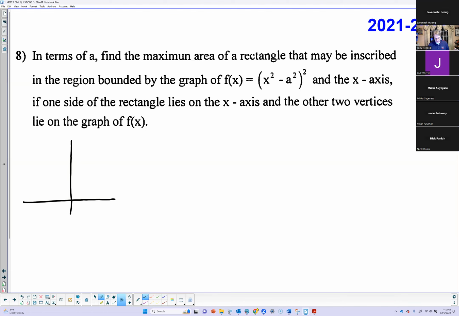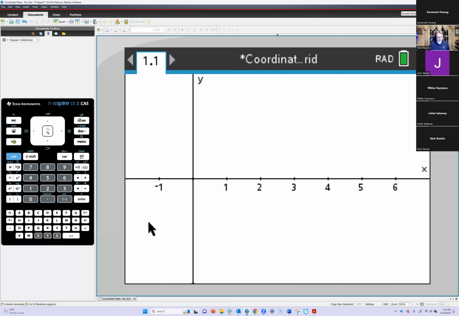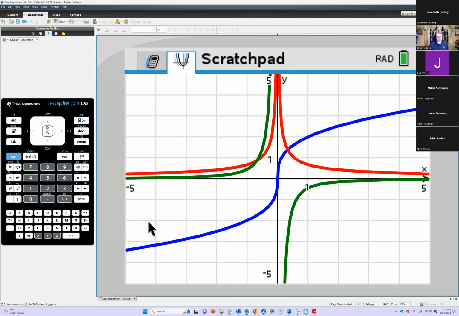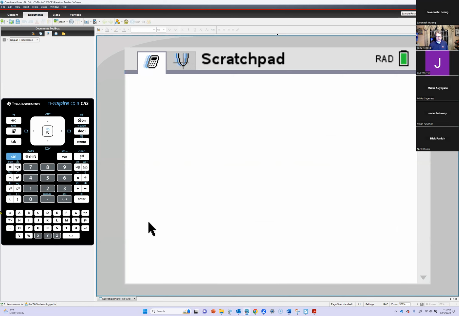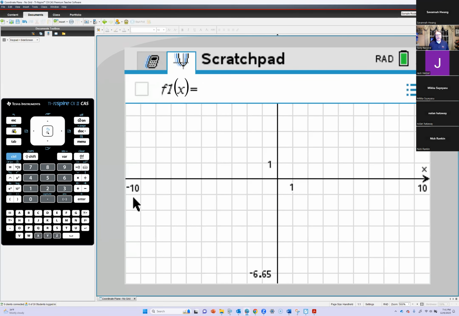But you guys are all aware of the fact that you are perfectly allowed to use a graphing calculator on any CML question. And you could conceivably sketch this function, (x squared minus a squared) squared, if you wanted to.